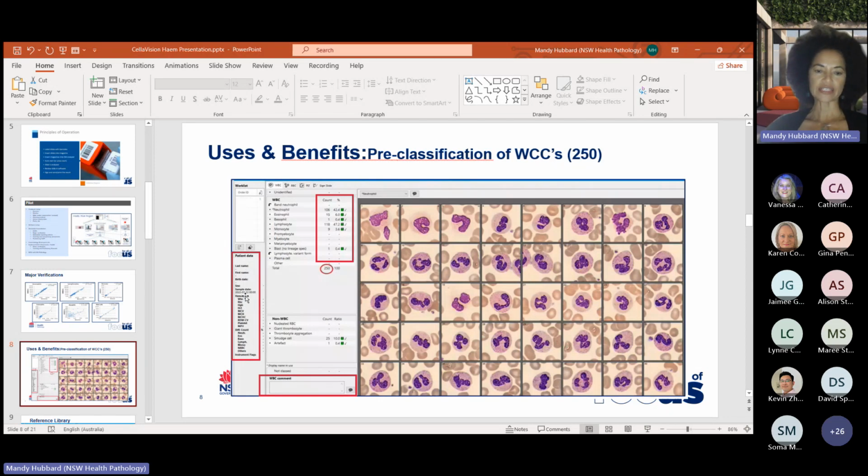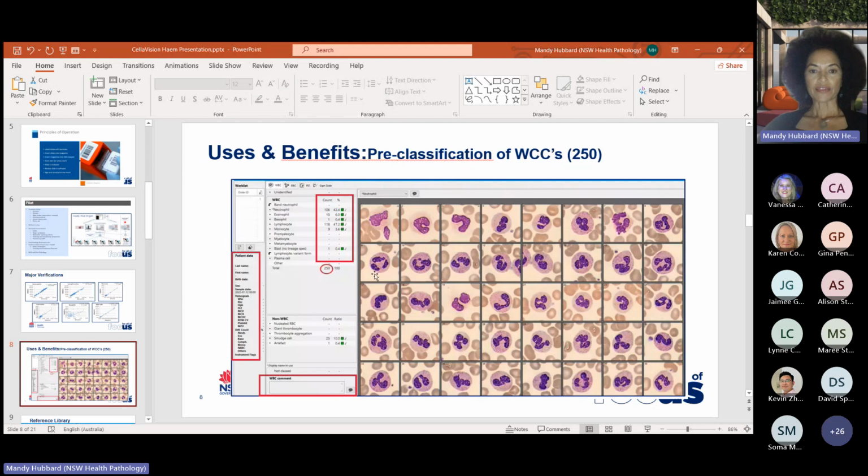So you'll have the patient details, any flags associated with that film, as well as the patient results. The way the system works is that each cell type, so your white cells, red cells, and platelets, are reviewed separately, and each tab has a section where you can document comments for that cell type.